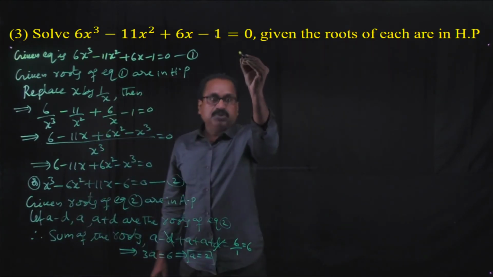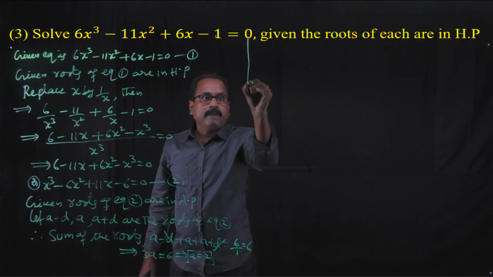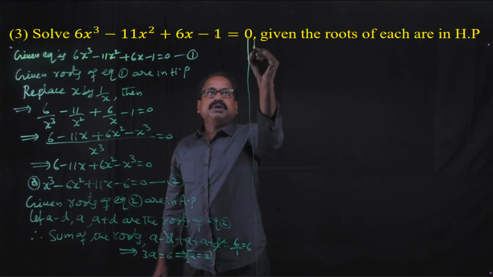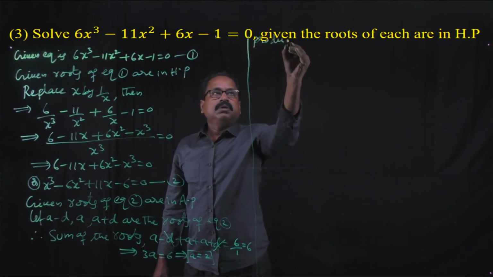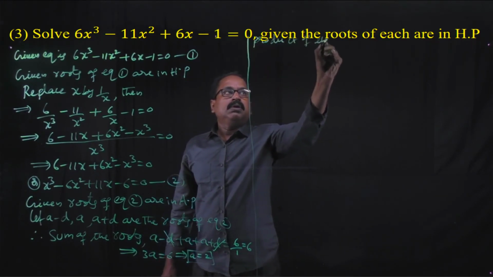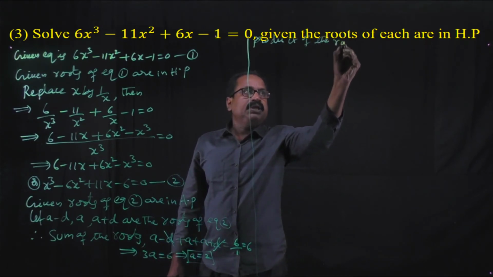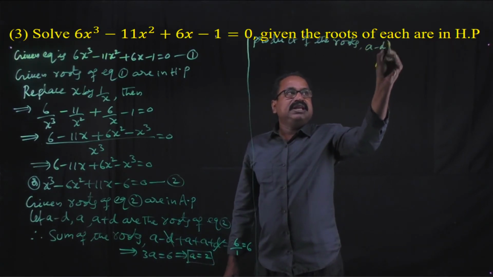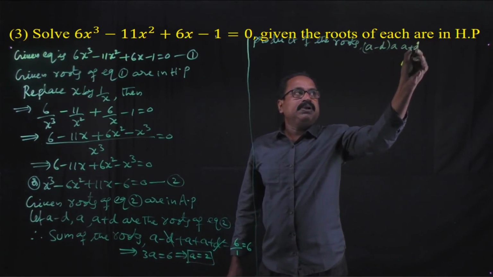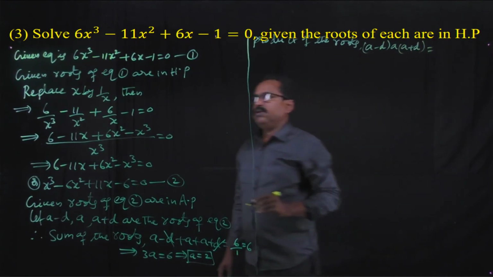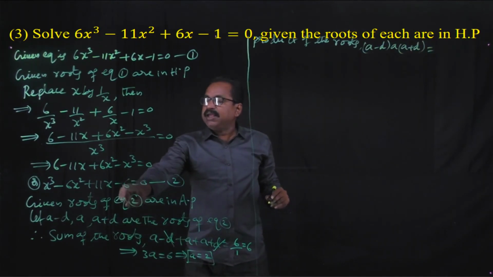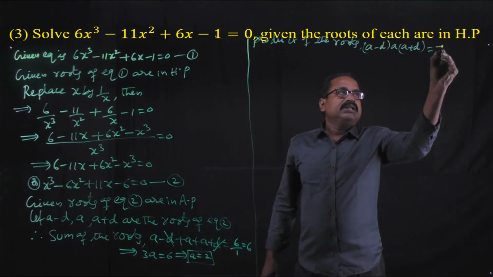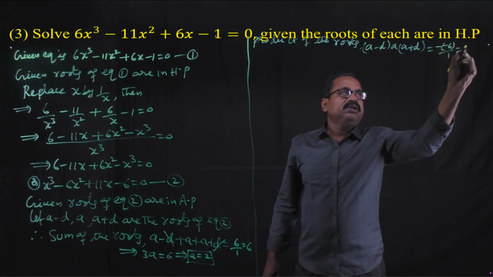Next, product of the roots. a minus d into a into a plus d is equal to minus a3 by a0, minus of minus 6 by 1, that is equal to plus 6.